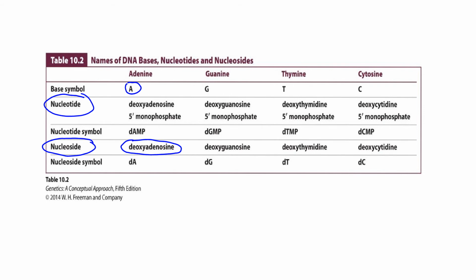When we talk about, let's say, the substrate for DNA synthesis, the substrate is deoxyadenosine triphosphate, which is different from the nucleotide, deoxyadenosine monophosphate. So keep in mind that this applies to all of them, to guanine, thymine, and cytosine. So now we know the composition or structure of nucleotides.